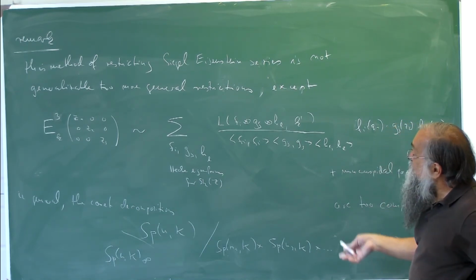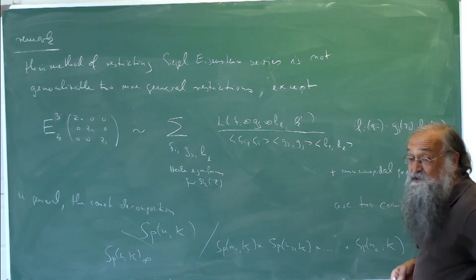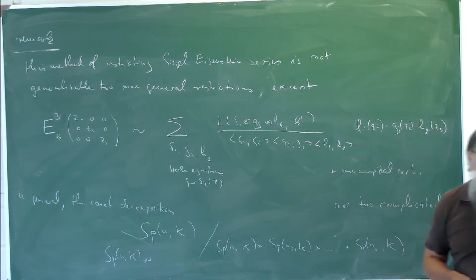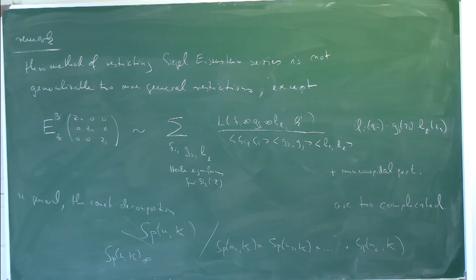You remember in our case we had just finitely many orbits, and in general you will get infinitely many orbits, then you have no chance to get something reasonable.